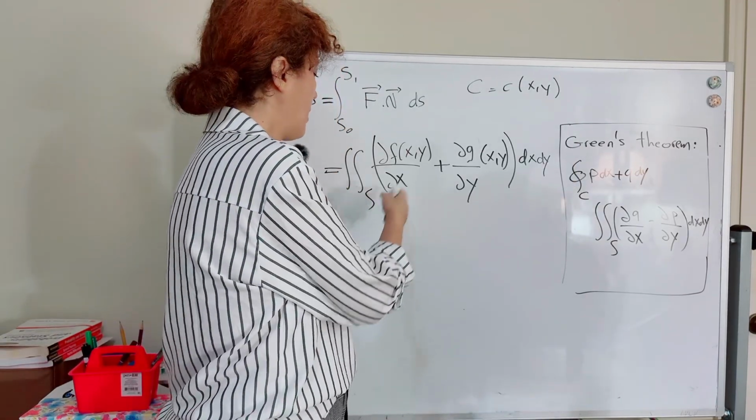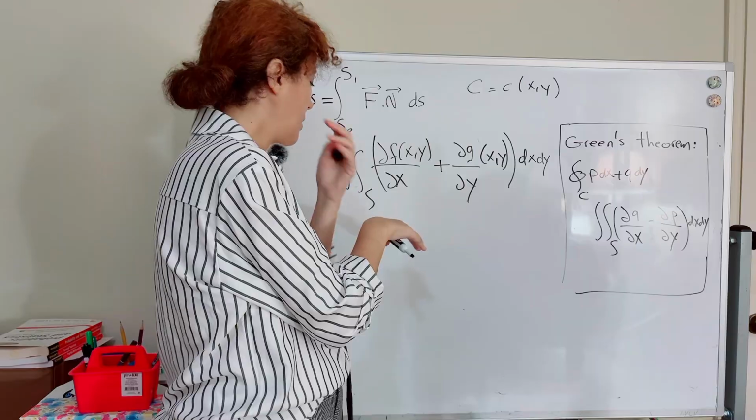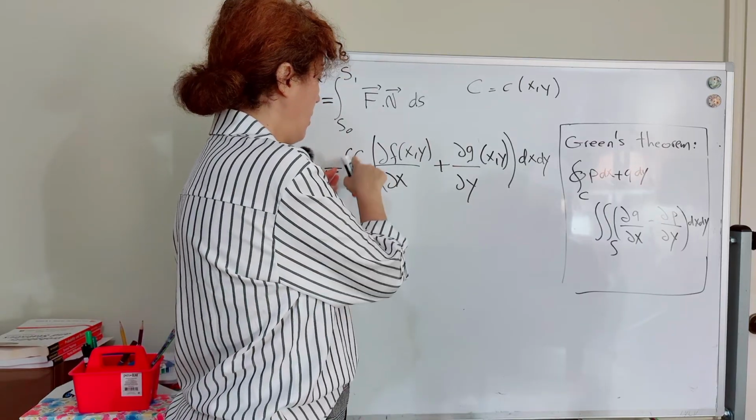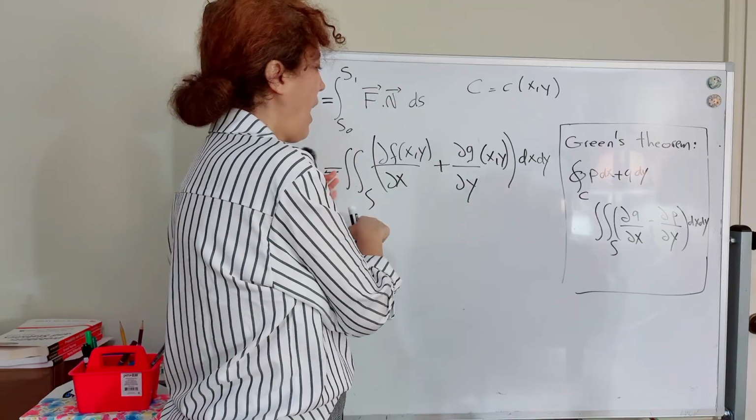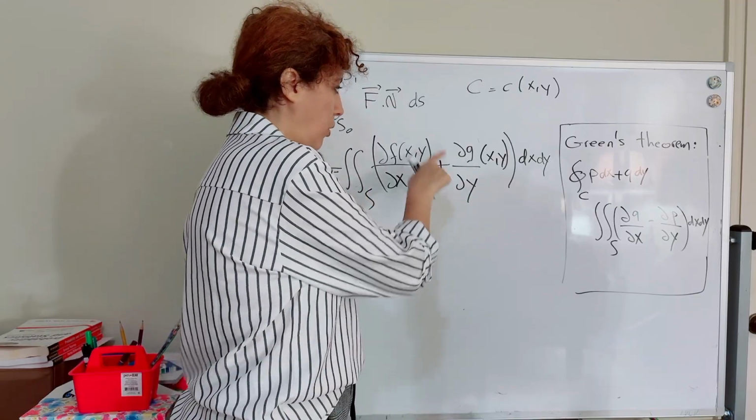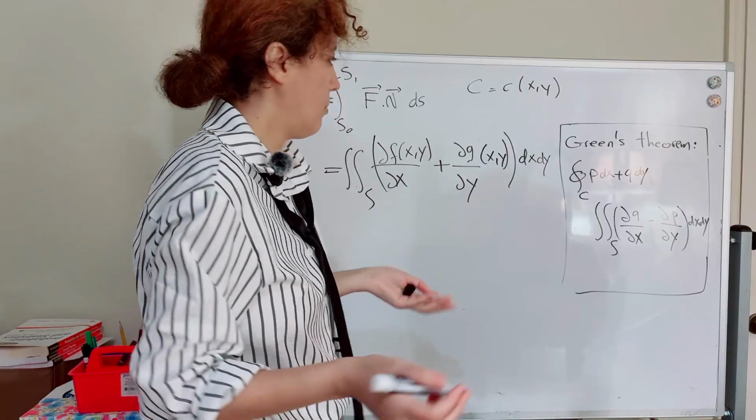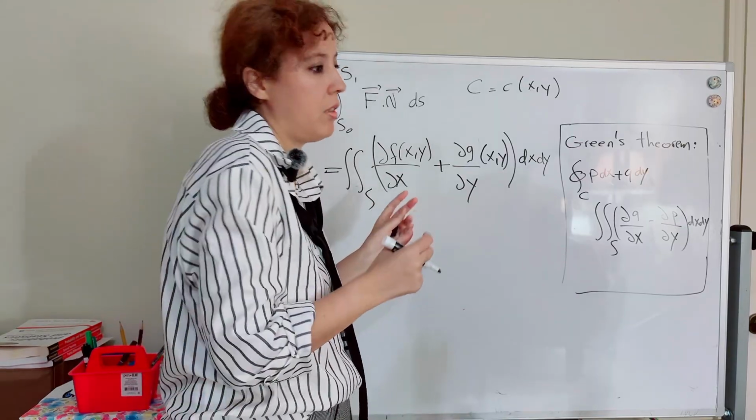So from here we see that this is precisely the integral over S of the divergence of the flow. So this is the proof of the problem.